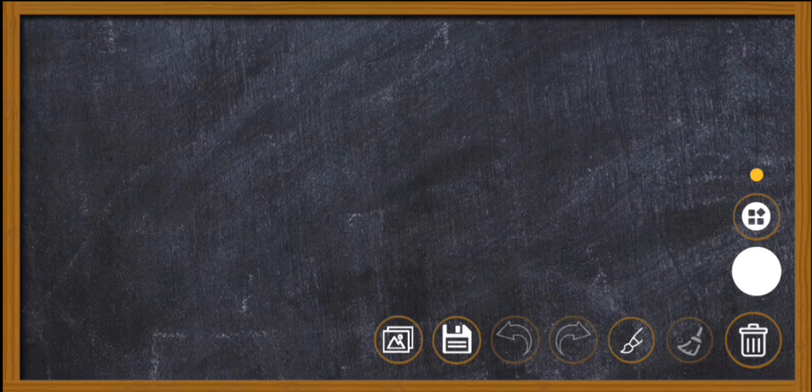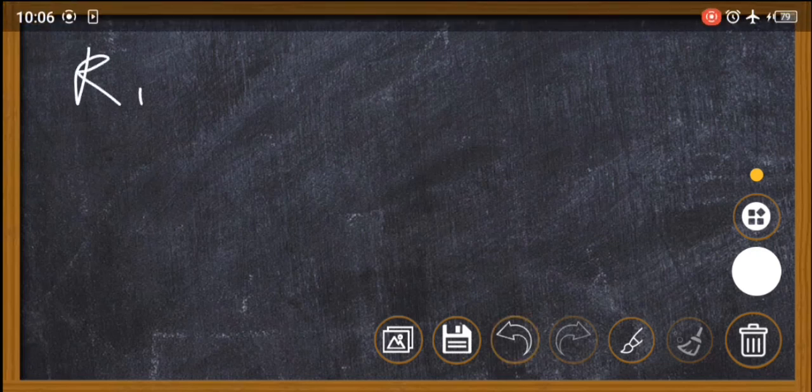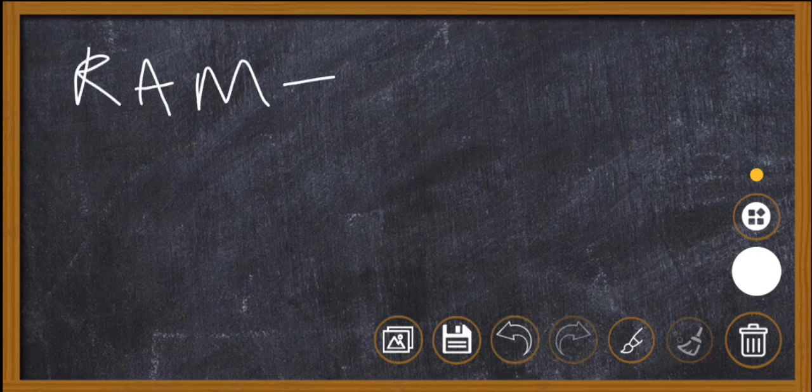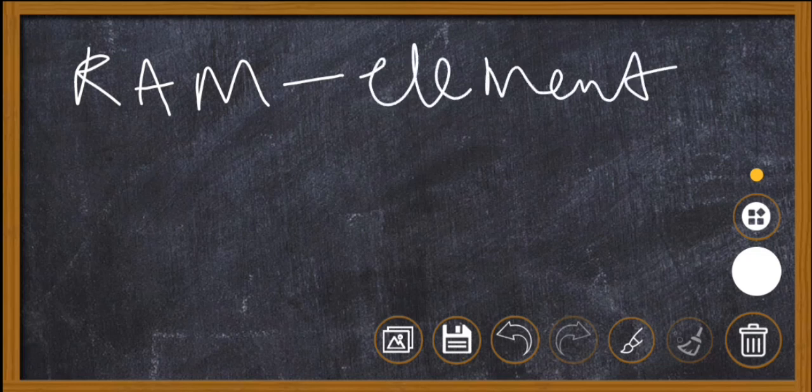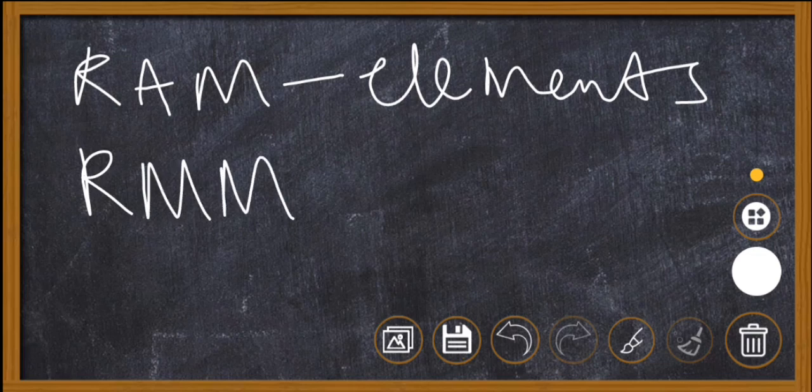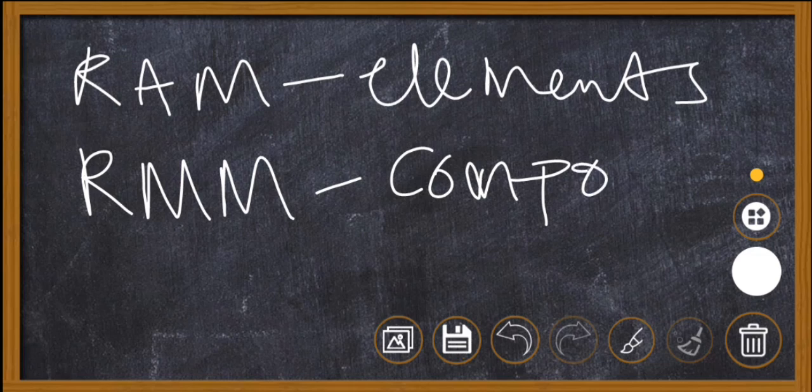Okay, so the difference between the relative atomic mass and the relative molecular mass is that relative atomic mass deals with what? Elements. Whilst the relative molecular mass deals with what? Compounds. So this is basically the difference between the two.